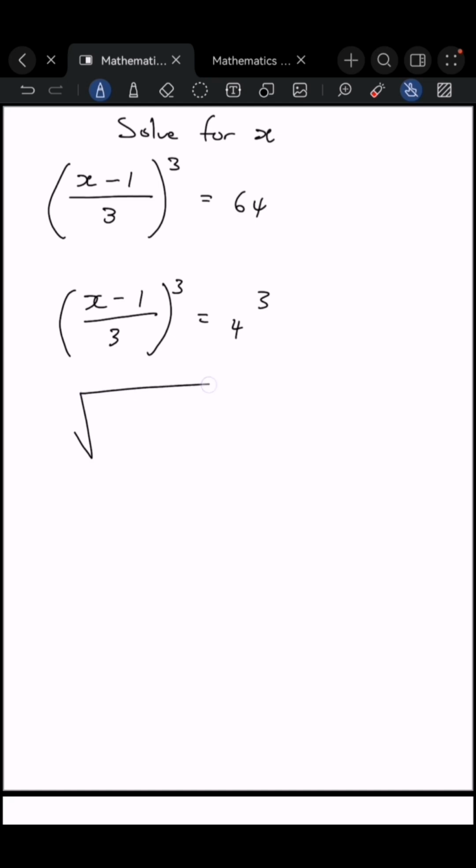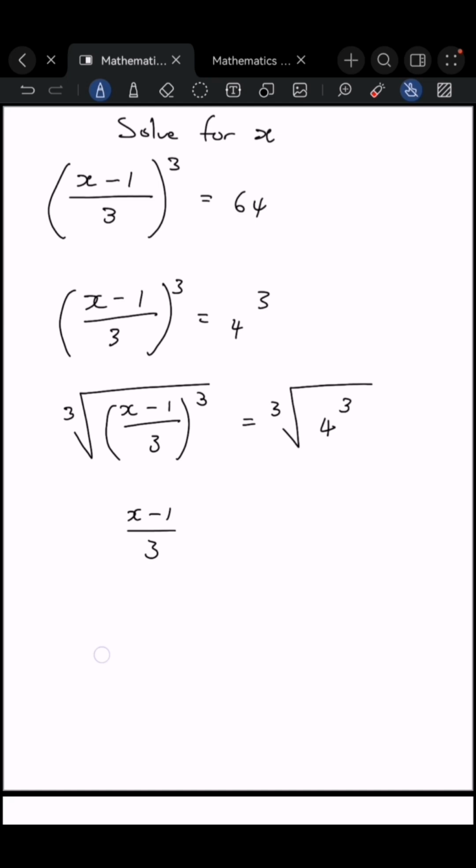So the cube root of x minus 1 over 3 should be equal to the cube root of 4 raised to the power 3. Obviously, it's going to be x minus 1 divided by 3 is equal to 4, where x minus 1 is going to be equal to 4 times 3, where x is going to be equal to 12 plus 1, where x is going to be equal to 13.